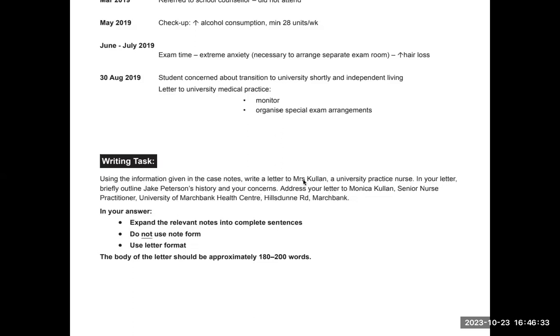Address the letter to Mrs. Cullen, Monica Cullen, Senior Nurse Practitioner, University of Marchbank Health Center, Hills Dune Road, Marchbank. Done. So I am writing the letter to the senior practice nurse of a university. That is the first information I need: to whom I am writing the letter.